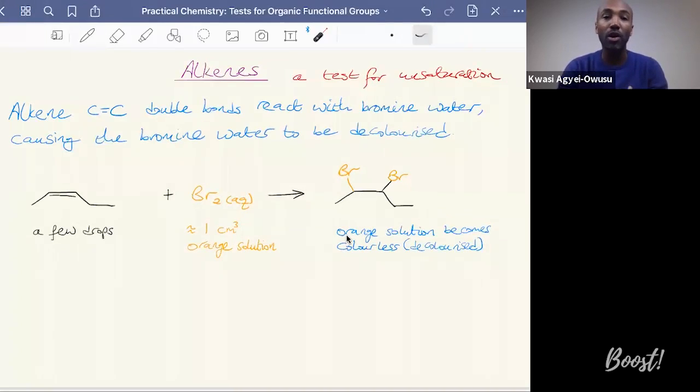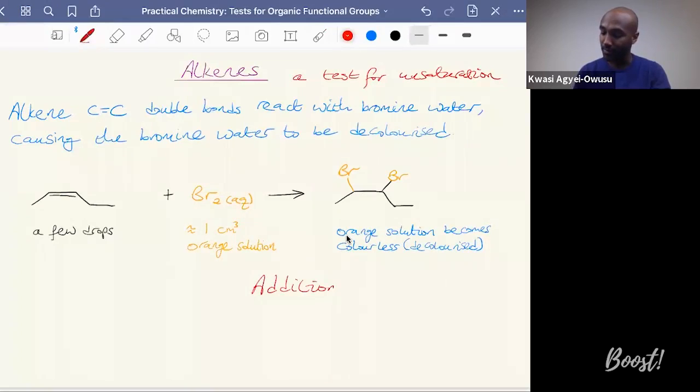Okay, so I will ask you to go off and review the electrophilic addition mechanism and generally the reactions of alkenes if you've forgotten or if this isn't familiar to you. So the result of this addition reaction, again, this is an addition reaction, and this is an electrophilic addition mechanism.